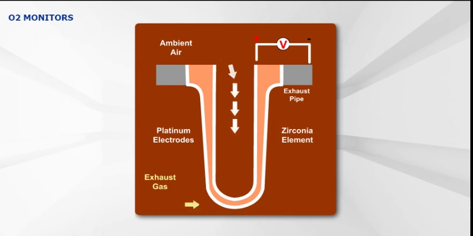Since the atmospheric electrode is grounded by an abundance of oxygen, it becomes negatively charged with respect to the electrode in the exhaust system. This allows the sensor to produce up to 1 volt of electricity once it reaches a temperature of approximately 572 degrees Fahrenheit or 300 degrees Celsius.